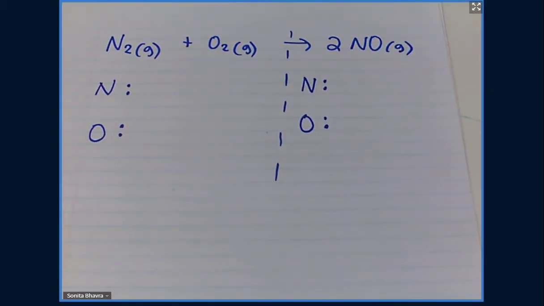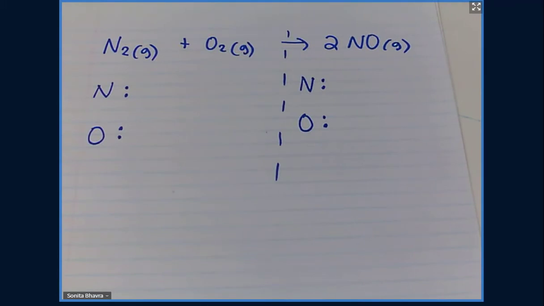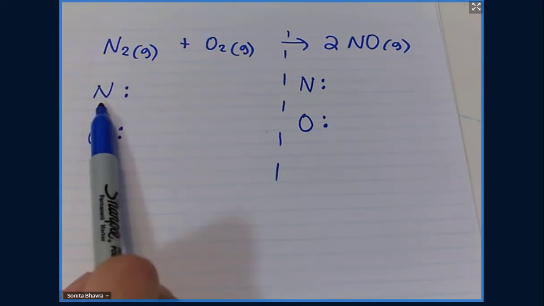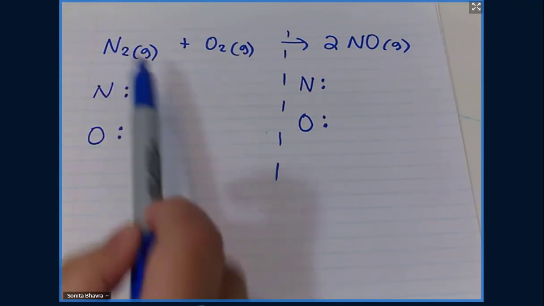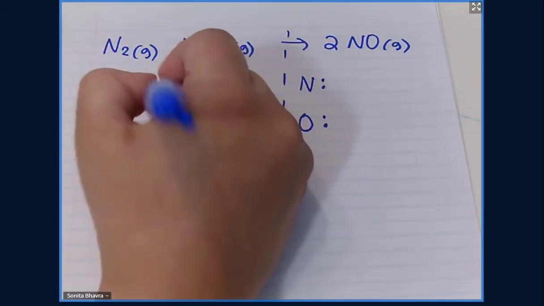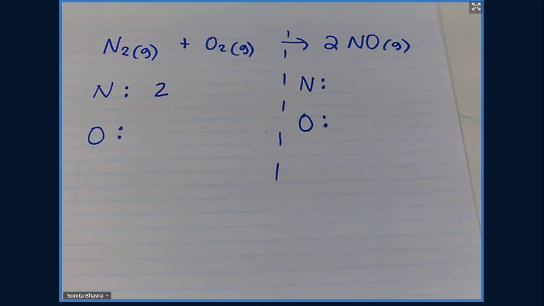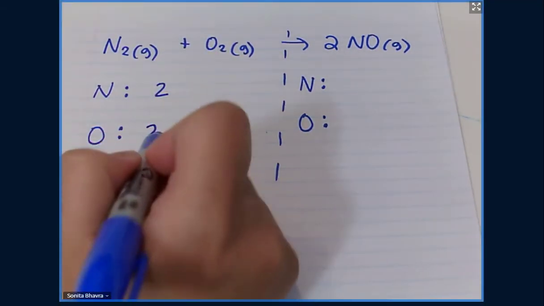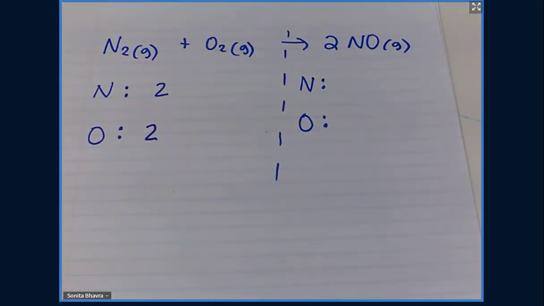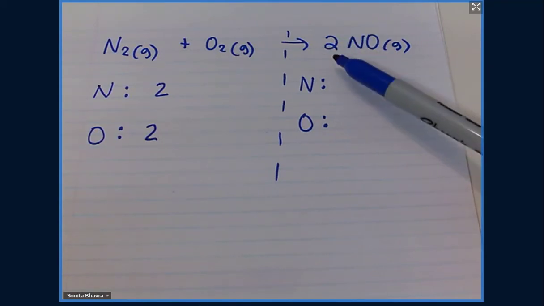Okay, next we can count our atoms. So nitrogen on our reactant side, there is a subscript of 2, so that means there's 2 nitrogens. And oxygen, there are 2 because of that subscript, so there's 2 oxygens. Looking at our product side, we have a coefficient of 2.